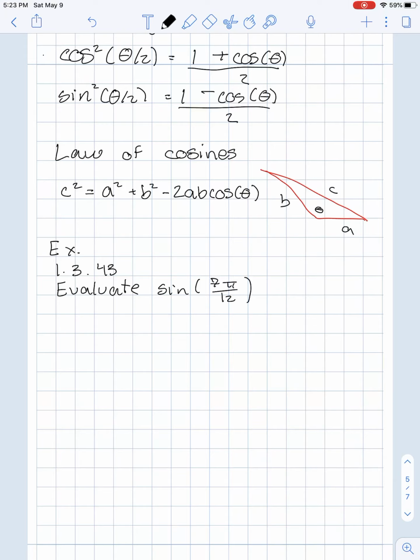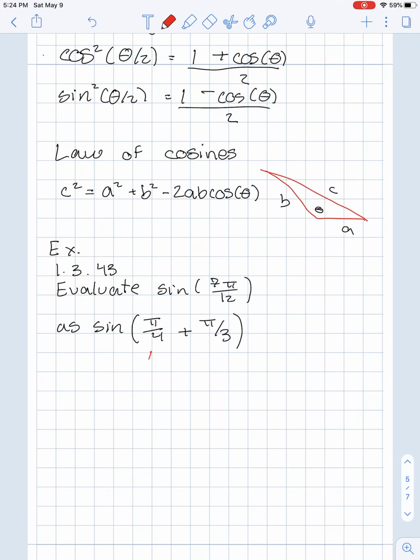I don't know how to do that. Well, it gives us kind of a hint: evaluate this sine of 7 pi over 12 as sine of pi over 4 plus pi over 3.